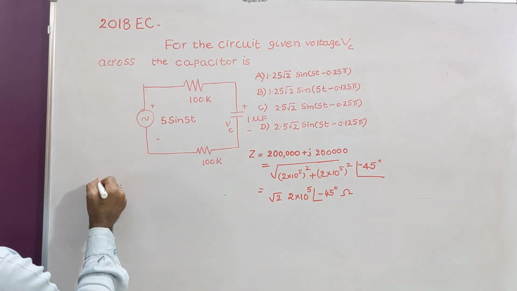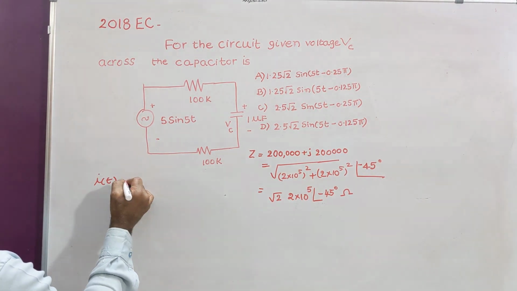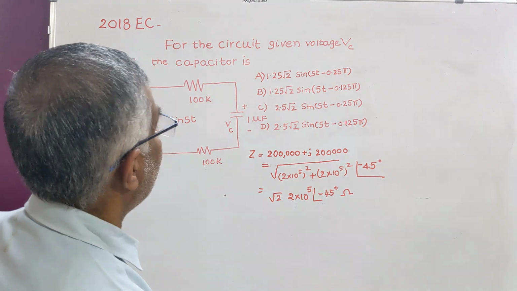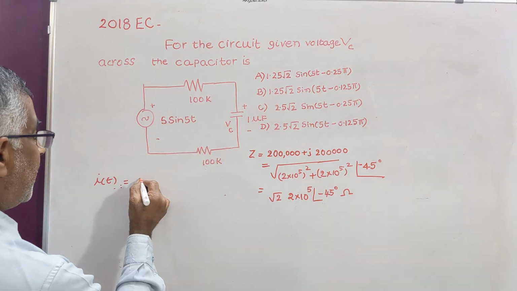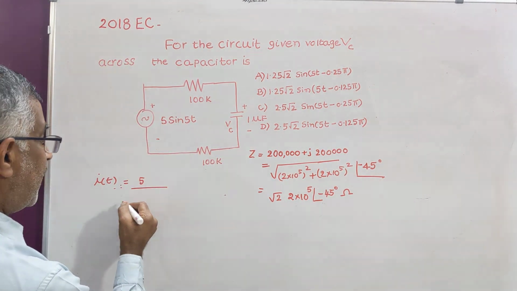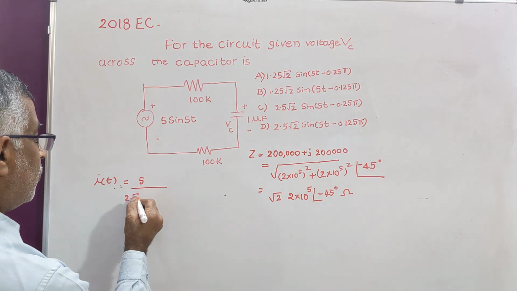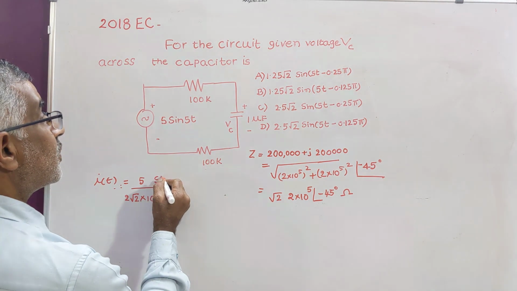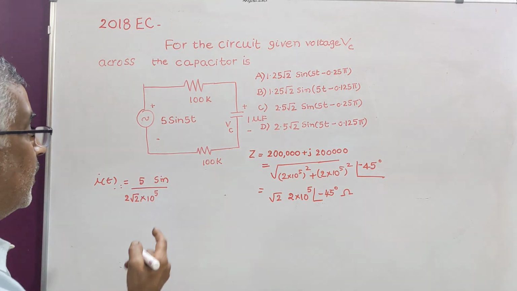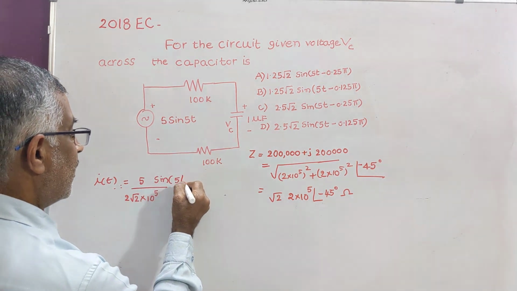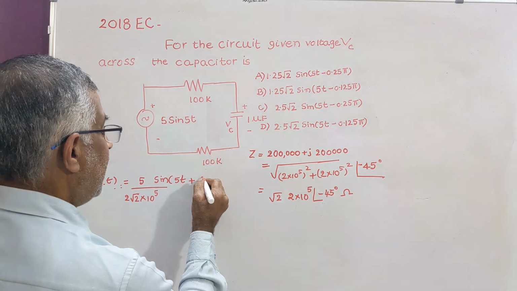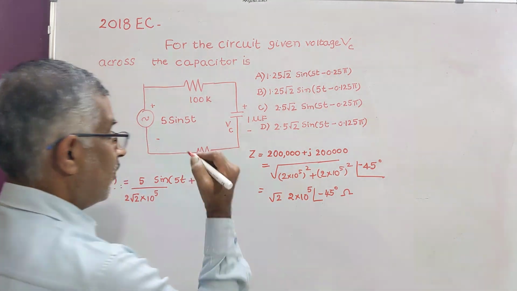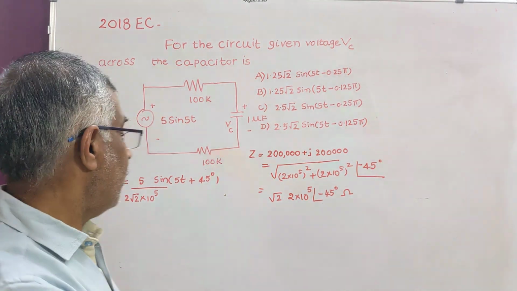Therefore, current expression equals 5 divided by 2 root 2 into 10 to the power of 5 sine 5t plus 45 degrees, because for an RC circuit, current leads the voltage.